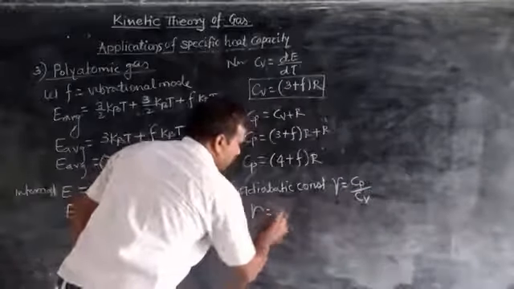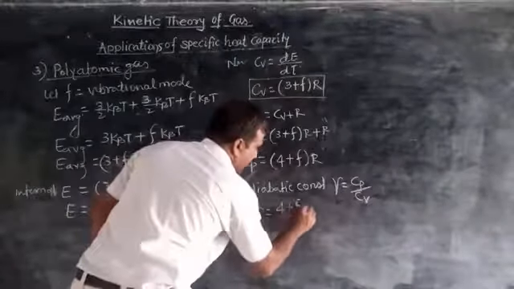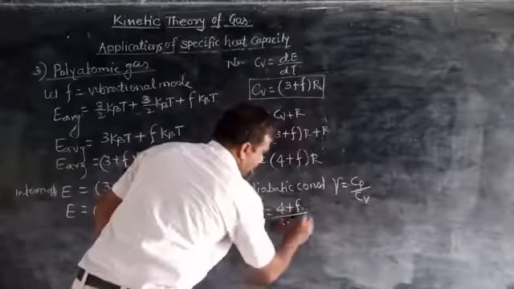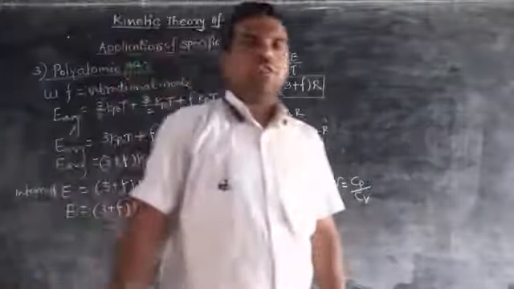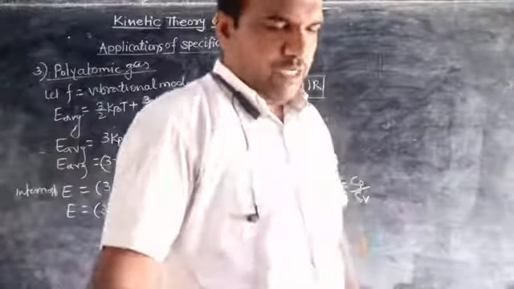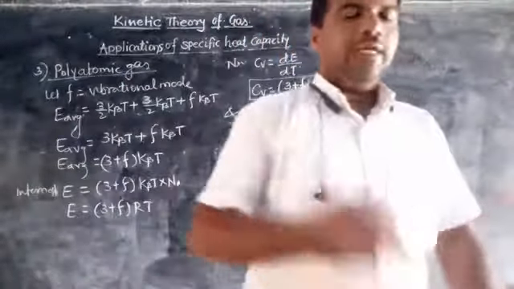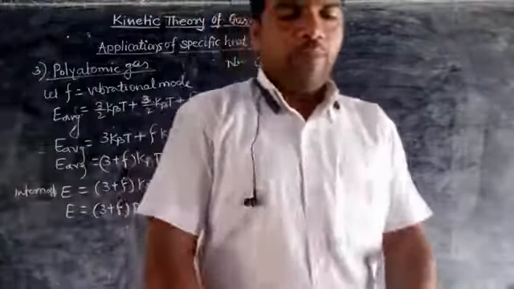Therefore gamma is equal to (4 plus F) upon (3 plus F), and these are nothing but the applications of specific heat capacity of gases, and this is the adiabatic constant for a polyatomic gas.